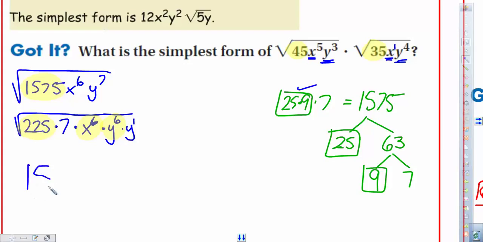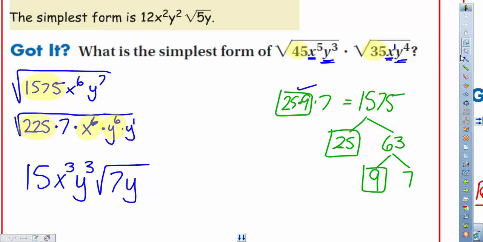So I'd have 15. Square root of x to the 6th would be x to the 3rd. Be careful. And then we'd have y to the 3rd. And then we'd have our square root of 7 times y. Be careful about how you write that square root in relationship to that 3. Don't let this 3 kind of drift this way, because then wouldn't this be saying something else?